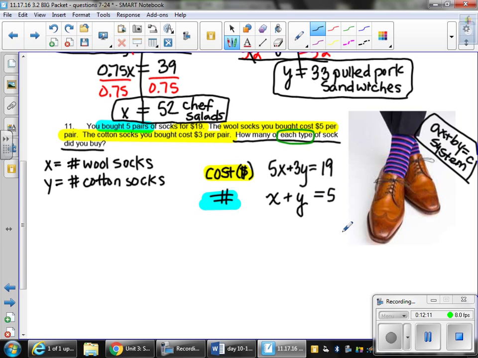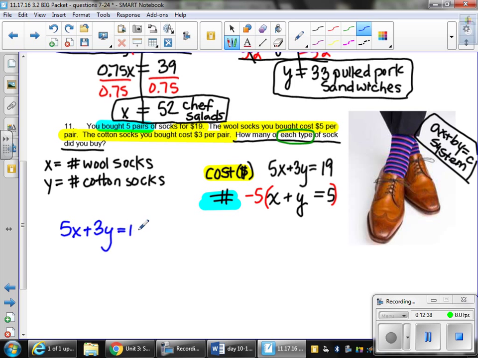Choose whether or not you would like x or y to cancel. Either way, we should get the same answer. Press pause and see if you got stuck with the setup. You've got the setup. Finish it yourself, and then we'll compare answers. I choose to have x's cancel, so I need a negative 5x. So I'll multiply the entire second equation by negative 5. My new system will be 5x plus 3y equals 19.